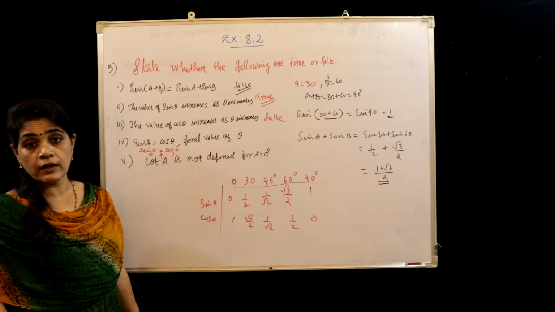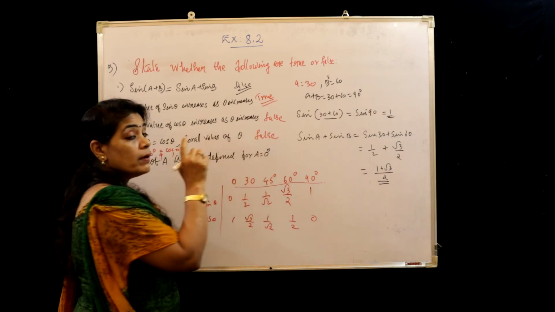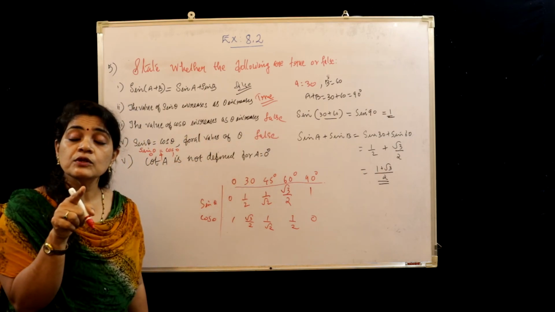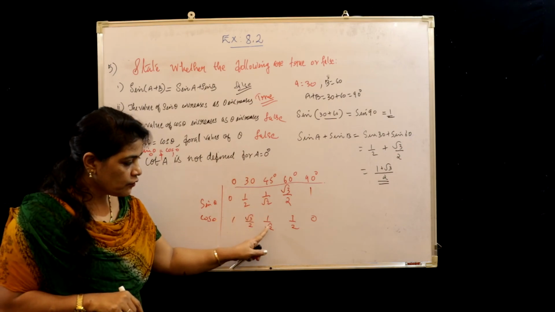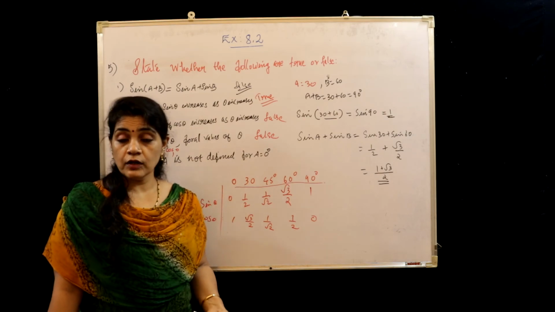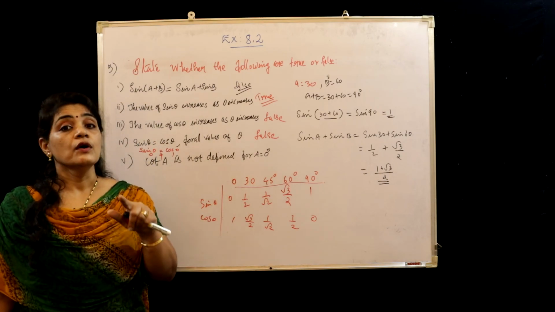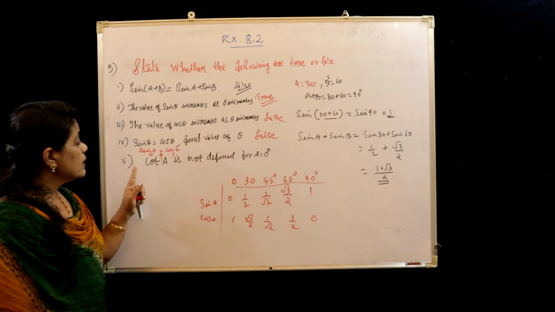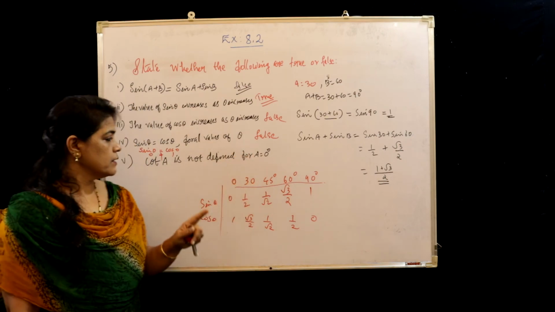So, it is a wrong statement. So, this is also false. But they will be equal when theta equals 45 degrees, complementary angle. See children, sin 45 and cos 45 are the same. Same way cot 45 equals tan 45, and sec 45 equals cosec 45. But for all values of theta, so it will be a false statement.